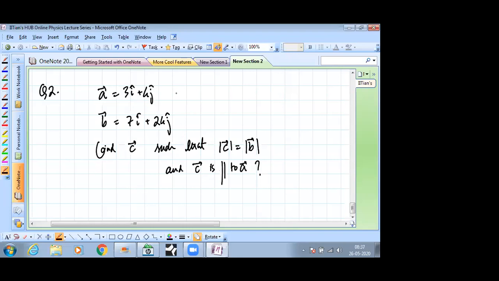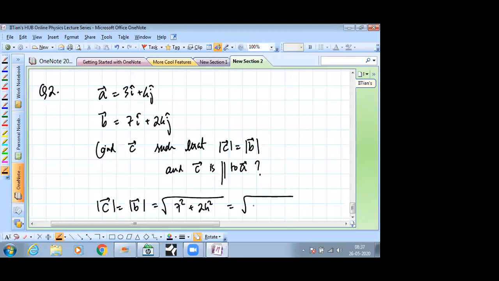We can see that vector A is in the xy plane, making an angle of 53 degrees with the x-axis. You can see tan inverse 4 by 3. So vector C should also be the same. But what about the magnitude of vector C? It should be 25. You can see here that mod C should be equal to mod B, which is the square root of 7 square plus 24 square.